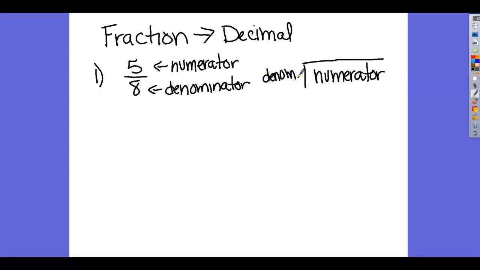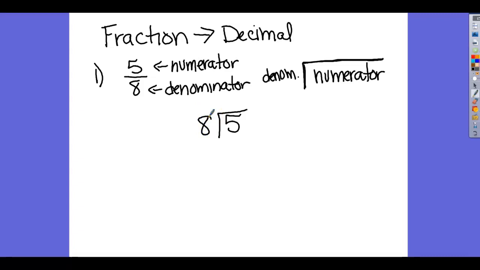And I'm just going to abbreviate that as denominator. So you can see here in my illustration, your numerator always goes on the inside, your denominator goes on the outside. So if I rewrite that with my example problem, it would be 5 on the inside, 8 on the outside. So first of all, we're just going to divide.